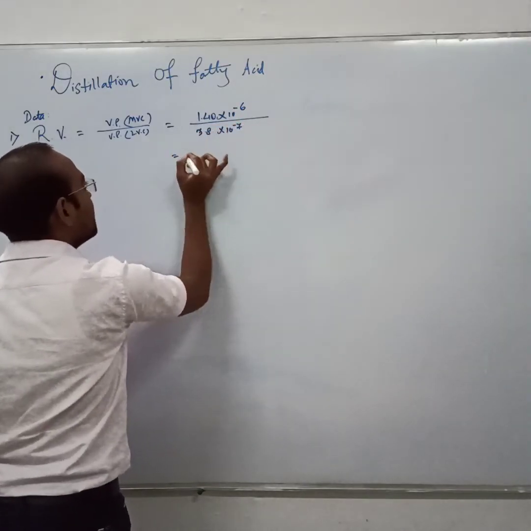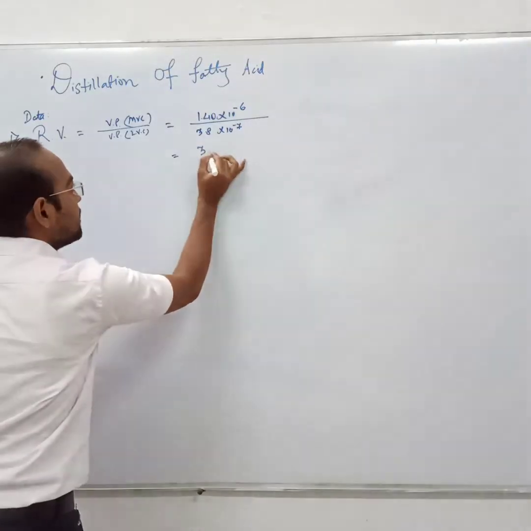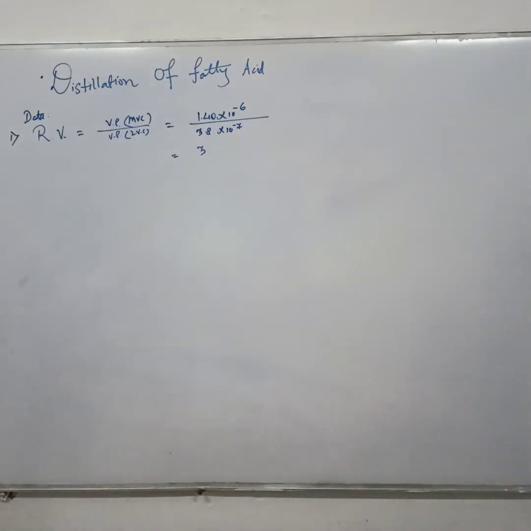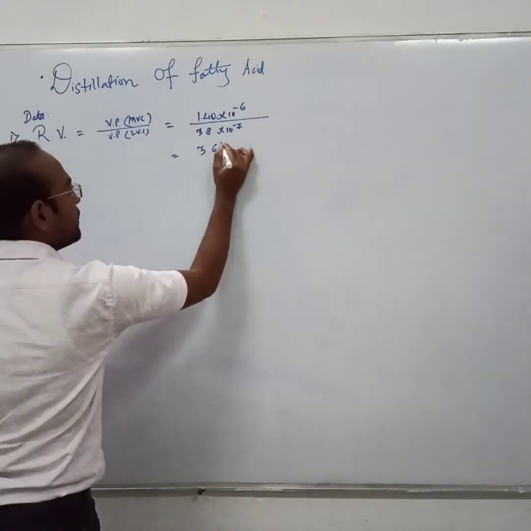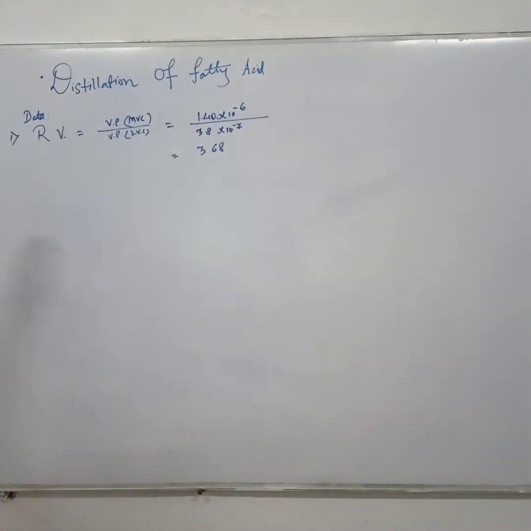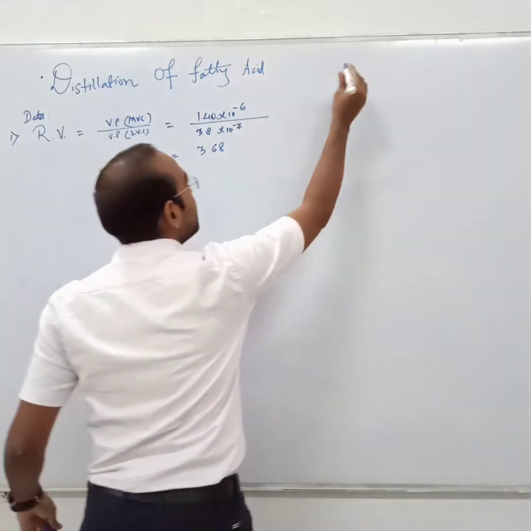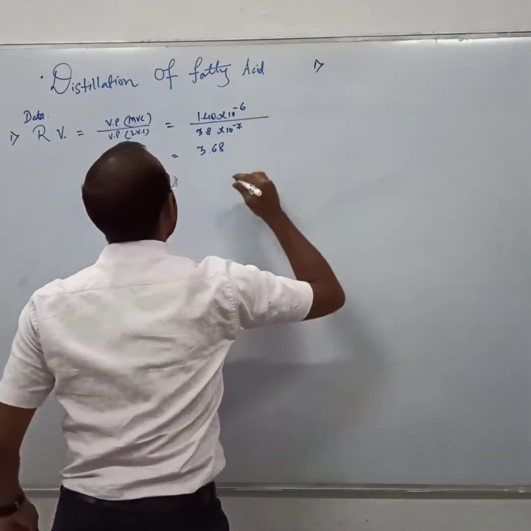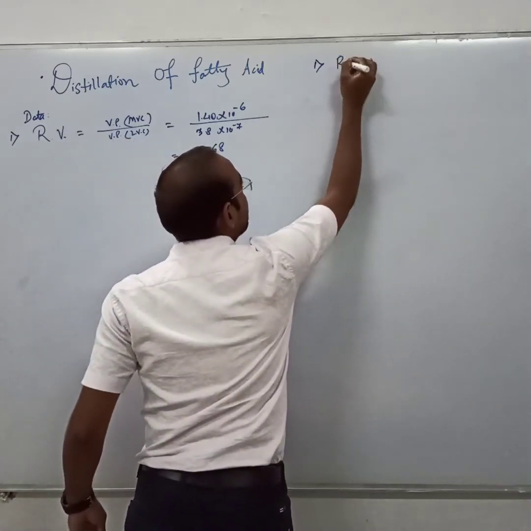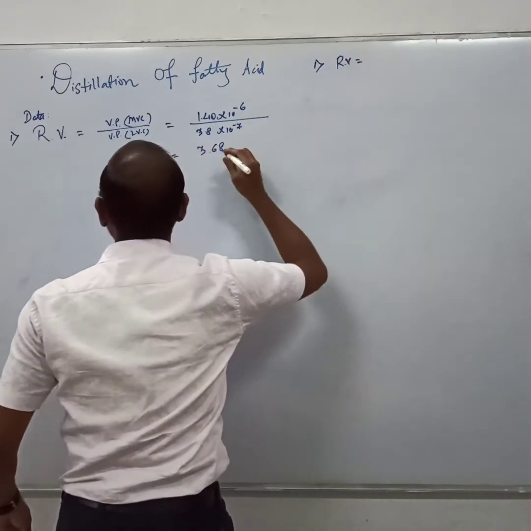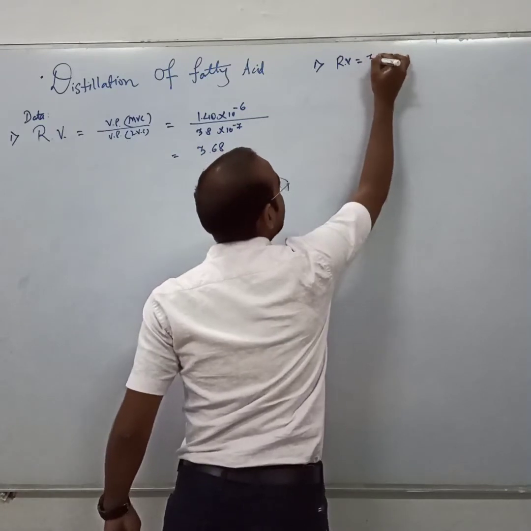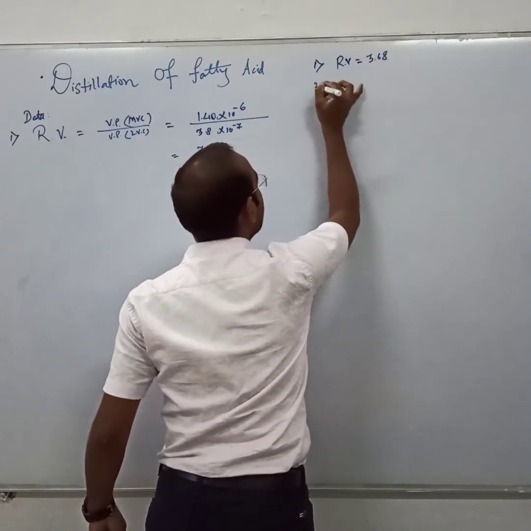And what are we getting? Something like 3.68. So whatever we find step by step, I will write all the values here, which will help us when we move on to the graphical part of the numerical. So first we get the relative volatility, that is 3.68.